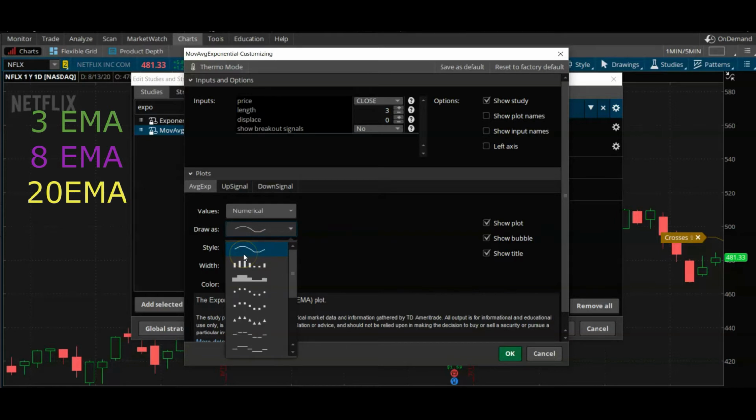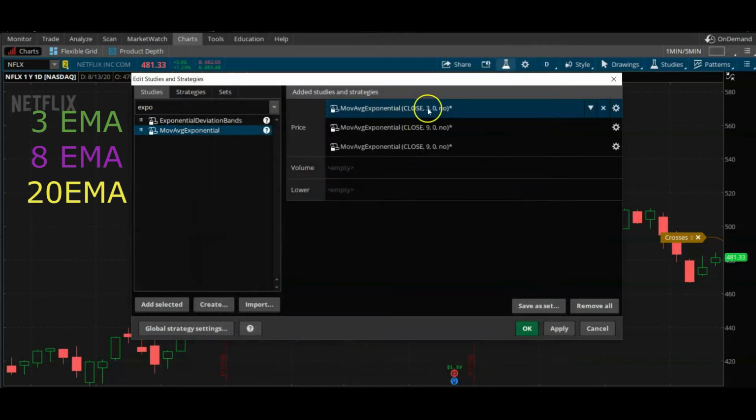I choose this representation of the graph. It's cleaner and not as busy as these other ones. And this one is the style. I just don't want it dotted or broken. I just want this continuous band. So that's basically the parameters that you need. We'll click OK, and we've done the first one.